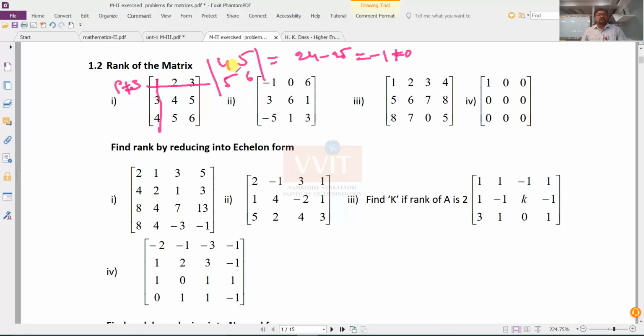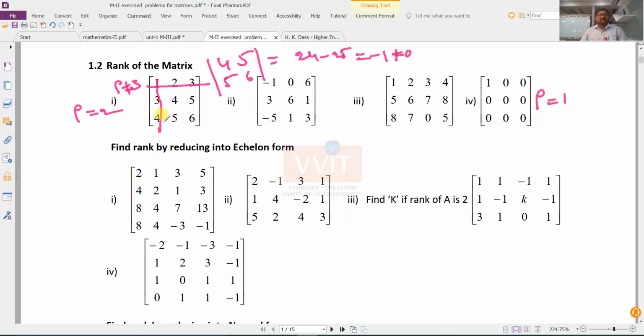Not equal to 0 means its rank is 2. Similarly here, 3 rows and 4 columns, I may cancel any particular column and find the determinant. Here it is a non-null matrix with only one non-zero element, so blindly I may write rank is 1.